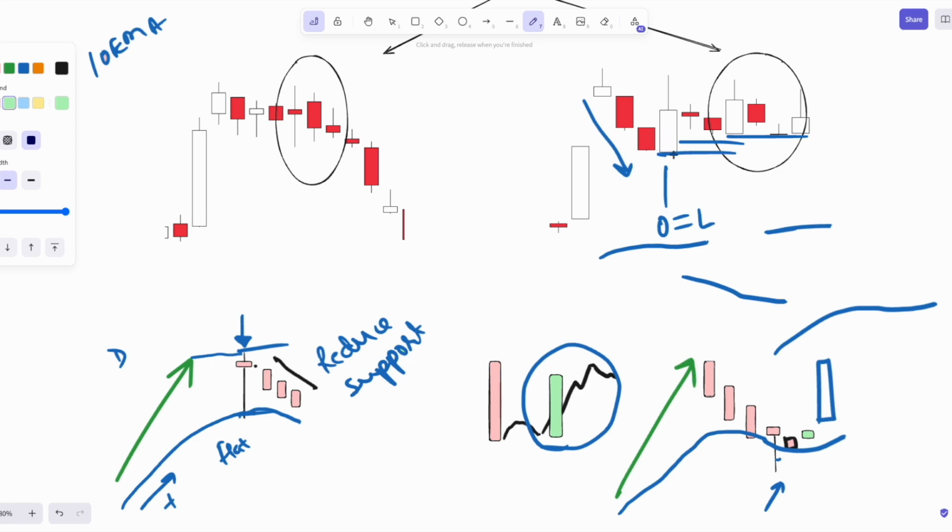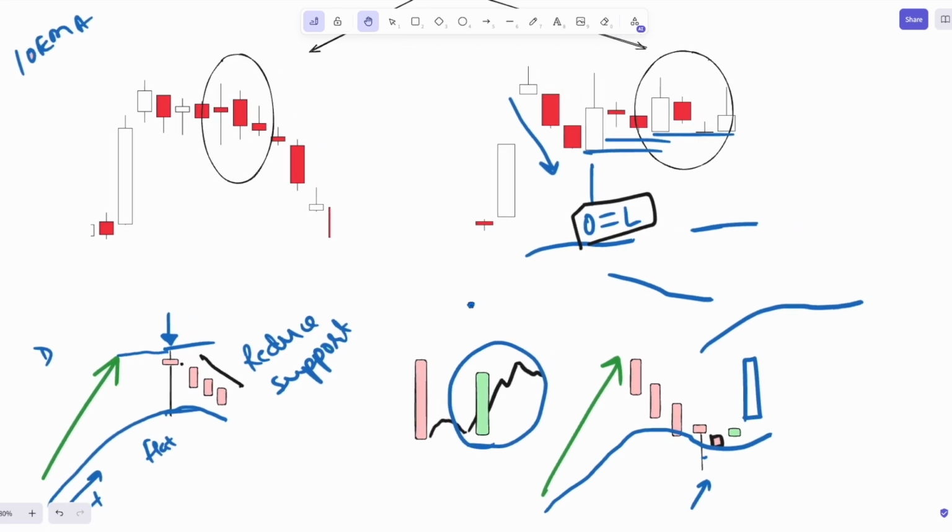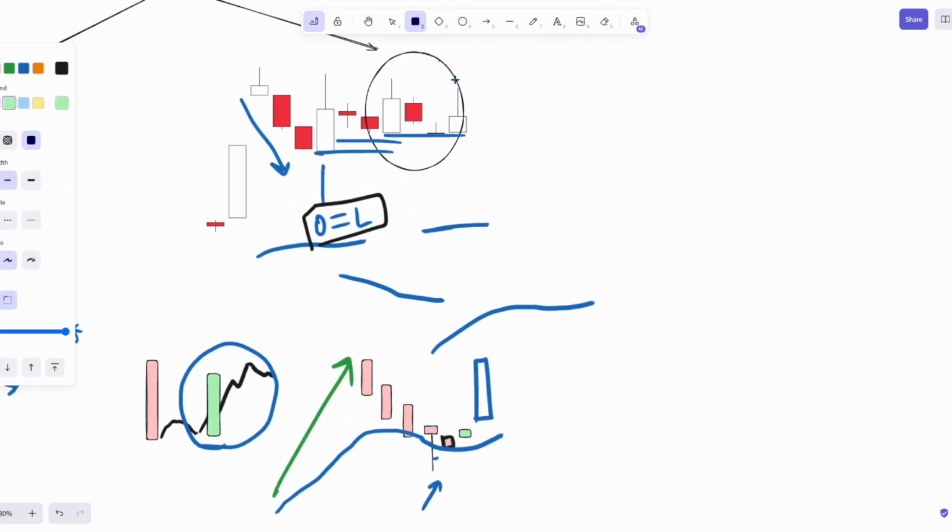In this candle, since the open and low are the same, there is one thing for sure. The price at which the market opened, the price never went below that. And usually in these cases, if you check the 15 minute or the hourly, there'll be one scenario only. And that will be that there was a good green candle like this.